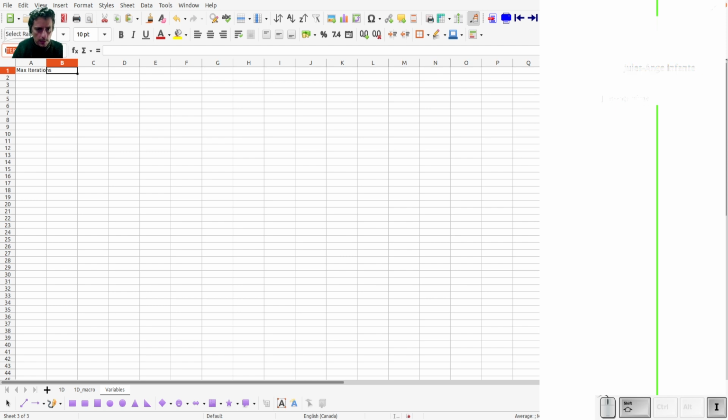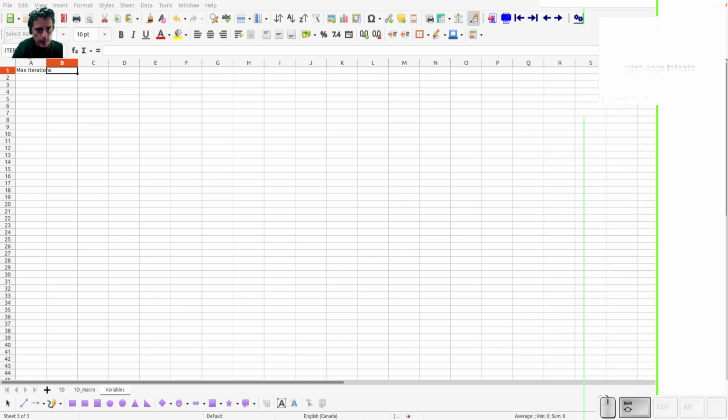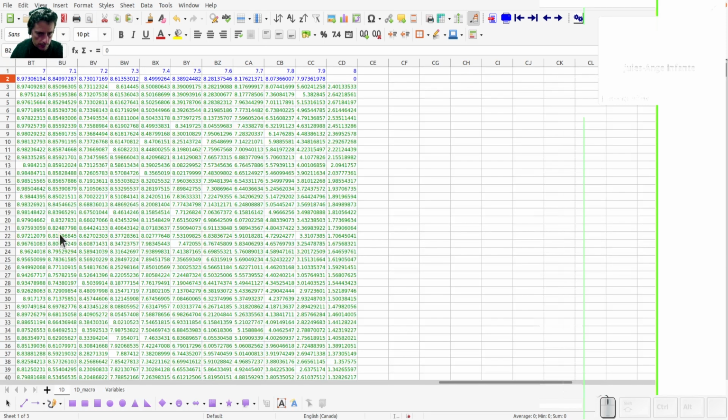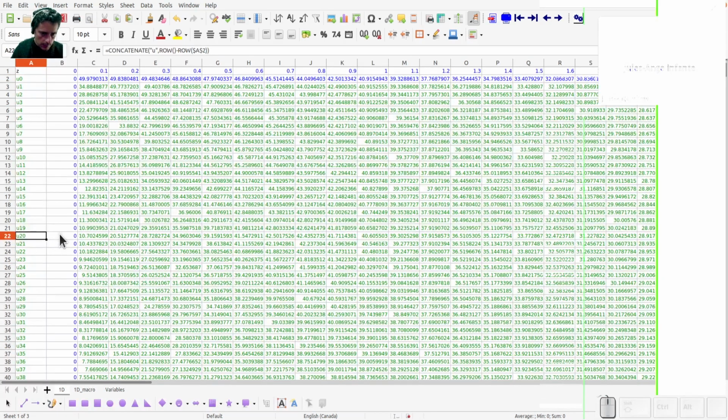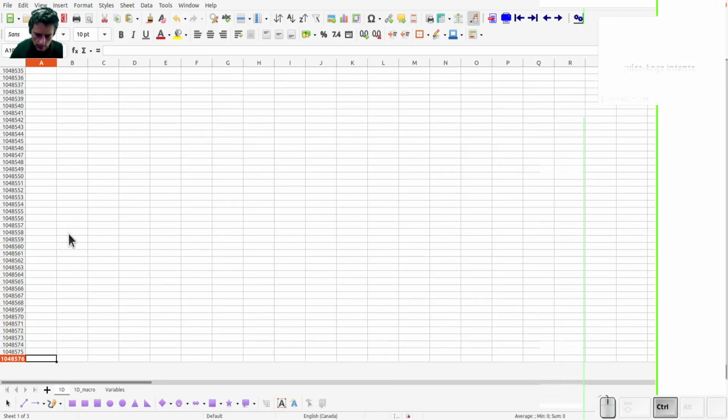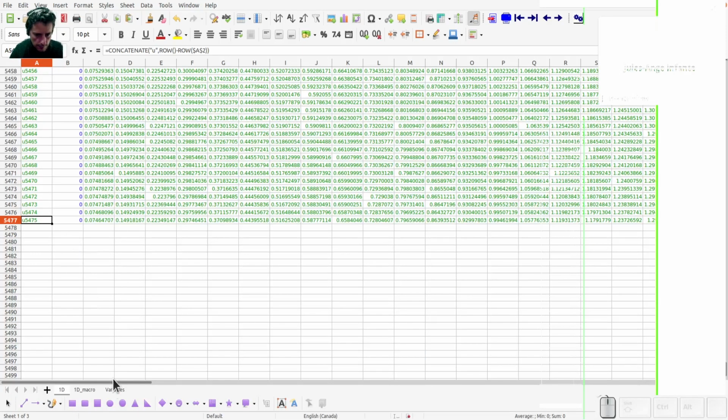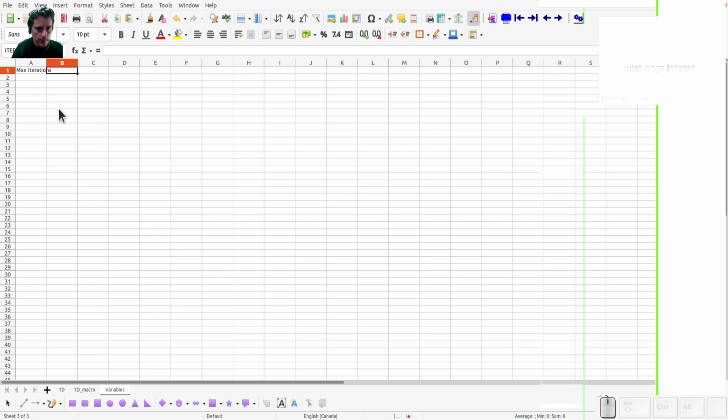I call it, I believe it's max iterations. Okay, so if I call this 5000, which one is the one we wanted? 5475, so we call it instead 5475.